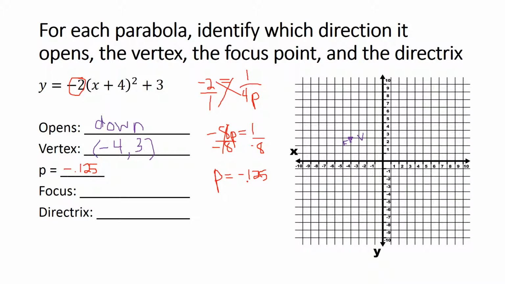I need to go down by 0.125. So if I was at -4, 3, and I go down by 0.125, 3 minus 0.125 is 2.875. So the focus point would be at -4, 2.875.